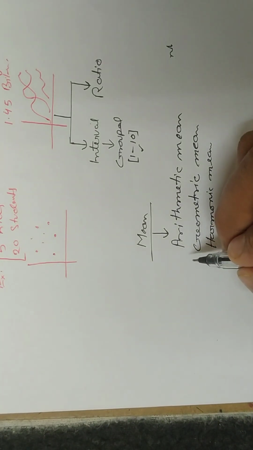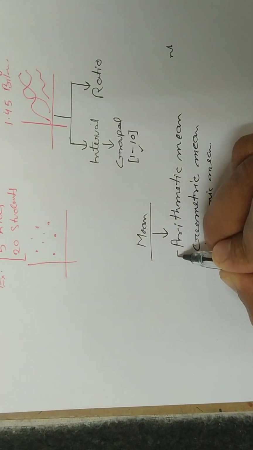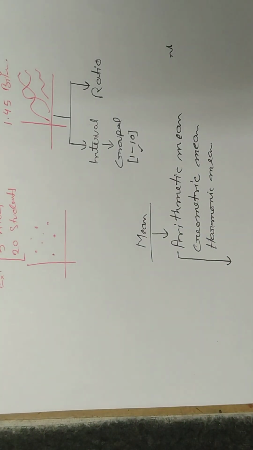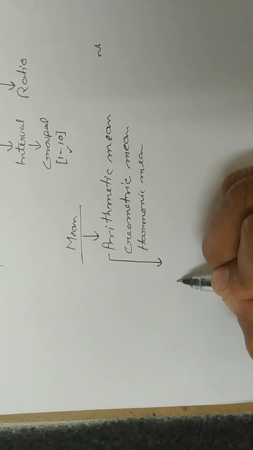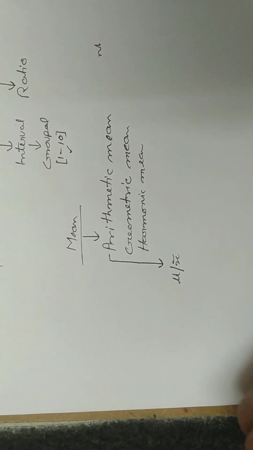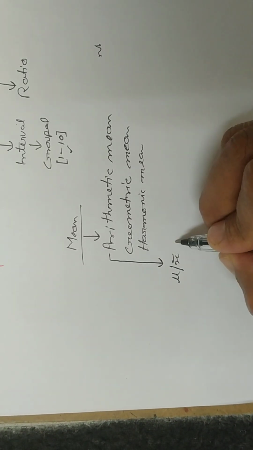So first we will learn about the arithmetic mean. Arithmetic mean is a process in which we find the mean in such a manner: add all the numbers and divide by their count. The arithmetic mean is sometimes denoted by mu, and so on.